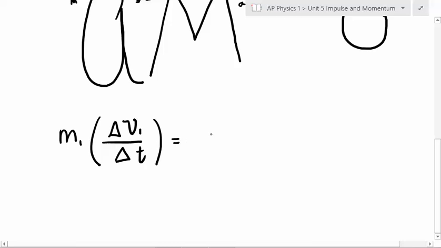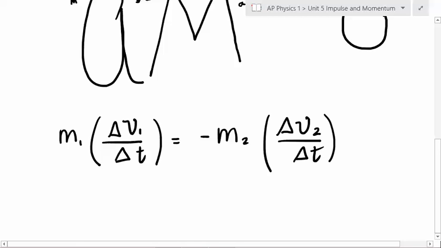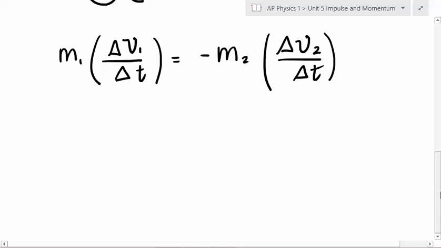Okay, so let's do some substitution then. So if m1 accelerates, then that means that there's a change in velocity of object 1 over time, which would be equal but opposite to the mass times the change in velocity of object 2 over time. Now, the time for those collisions, does M1 touch M2 for longer than M2 touches M1?